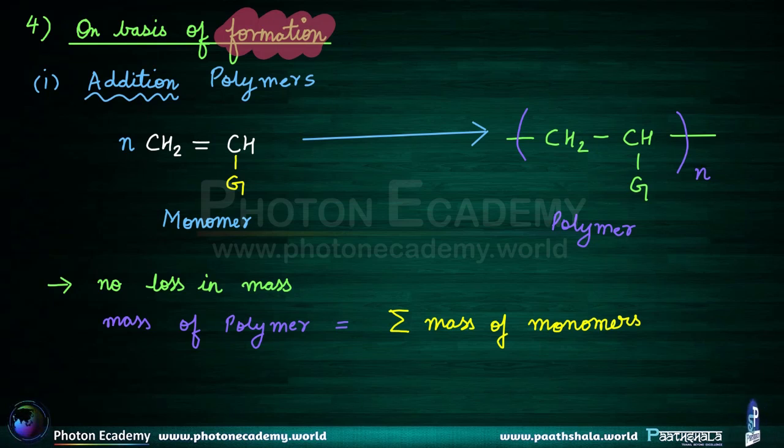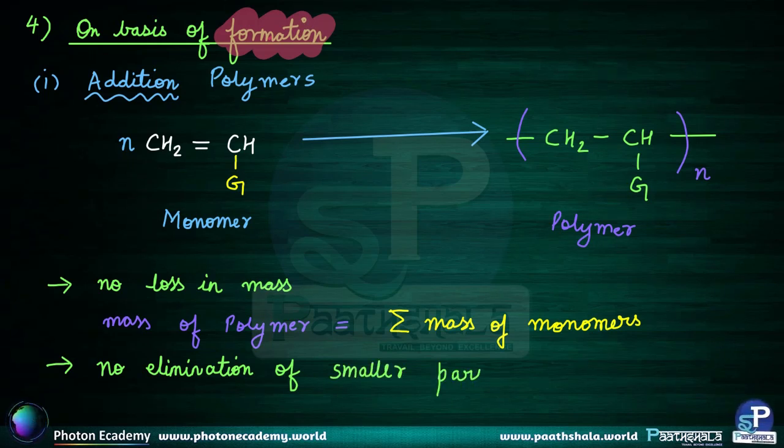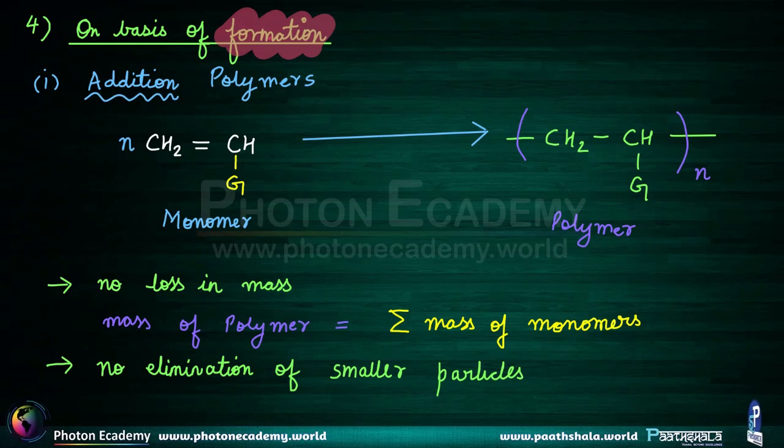The second point that we have to keep in mind over here is that there is no elimination of smaller particles. So the product formed, that is the polymer, there will be no elimination of smaller particles when we have this certain polymer being formed.